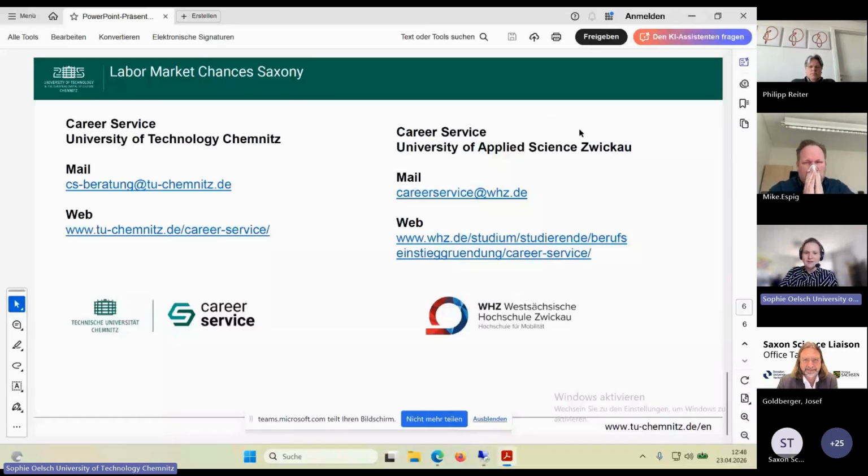Here are the colleagues of Zwickau. So just keep this in mind when you're here in Saxony and you have to find a part-time job or internship. The career service can support you, and I hope that it gives you just a rough overview which sectors exist, which kind of staff is used, which companies exist, and yeah, the good vibes.